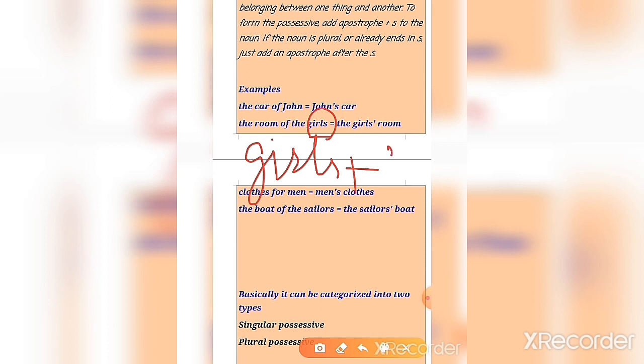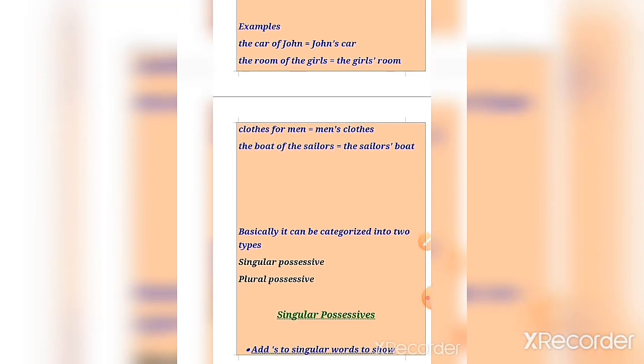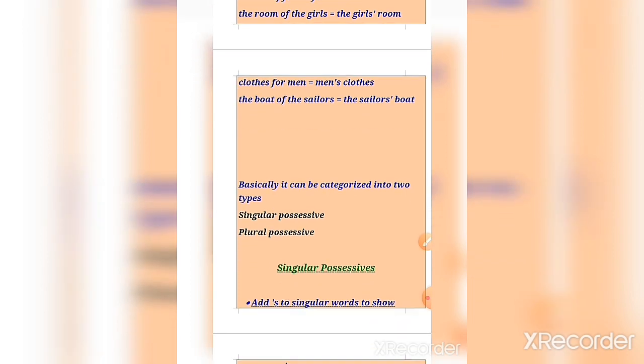So for a plural noun which already ends with s, we will only put an apostrophe there. Clear? Now see more. Clothes for men. Here the answer will be men's clothes. The boat of the sailors. The answer will be the sailors' boat.